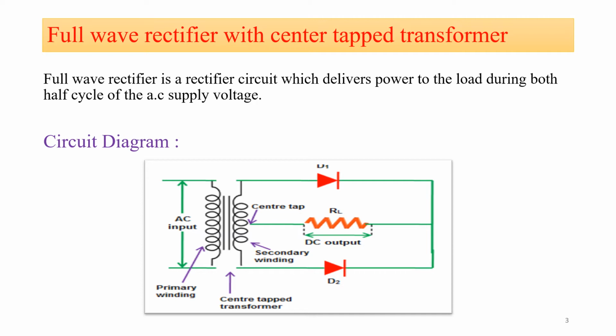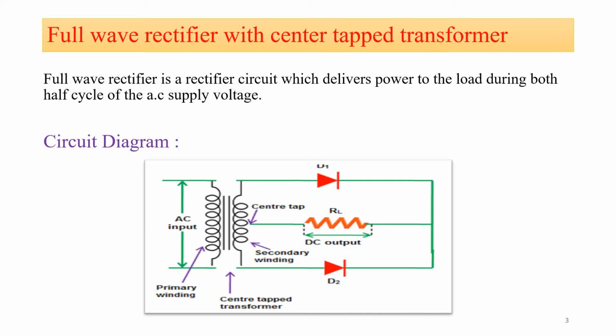Now which are the different components we require to build the circuit of the full wave rectifier with center tap type of transformer? First, one center tap type of transformer. Then the primary winding is connected with the AC input. Then the secondary winding is connected with two diodes, that is diode D1 and diode D2.